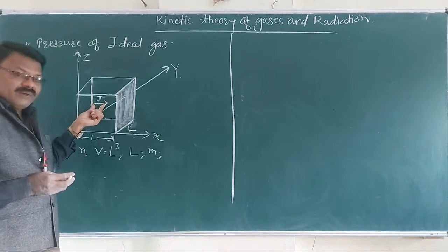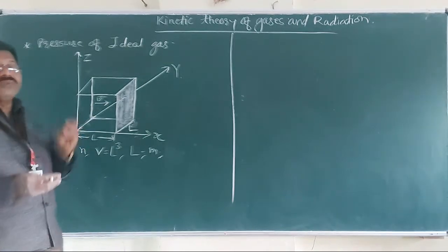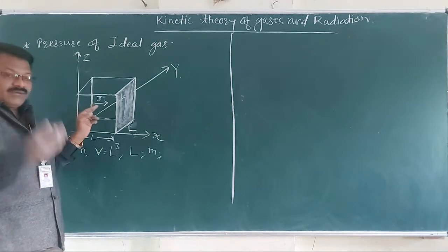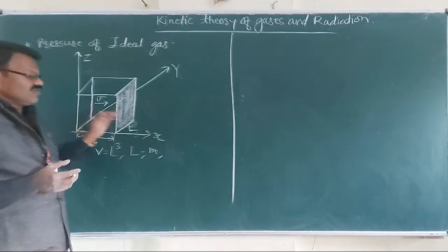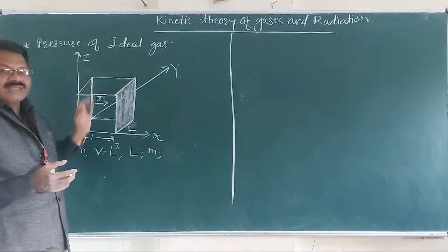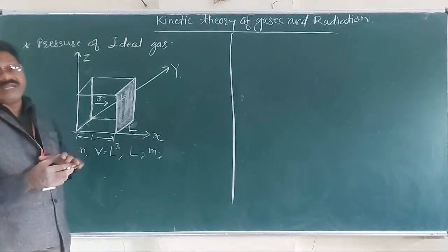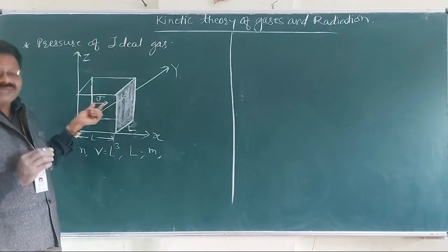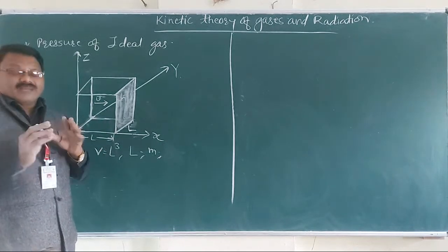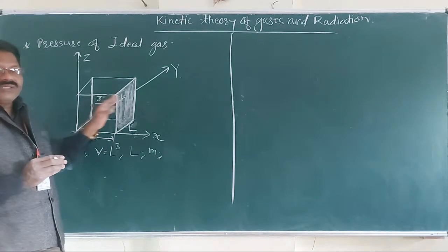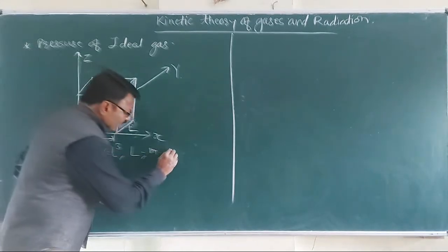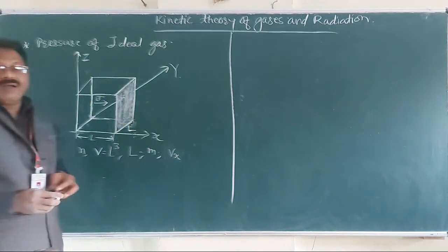But this v bar is split into three components. This molecule can sometimes move along the x axis, along the y axis, sometimes along the z axis. That's why this velocity is split into three components. Velocity along the x axis is called the x component of the velocity. It is represented by vx.